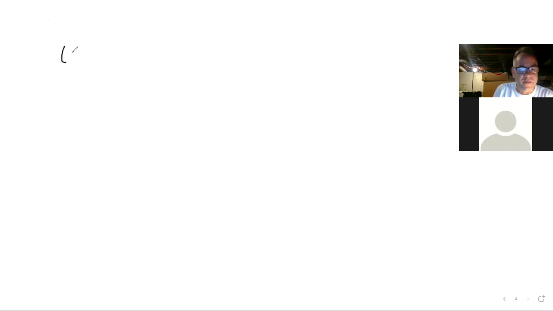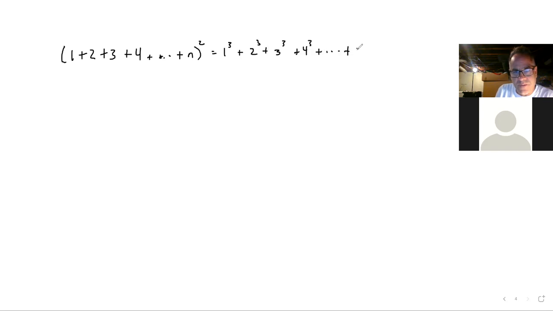If you take adding up consecutive counting numbers, 1 plus 2 plus 3 plus 4 out to n, but take this whole sum and you square it, that is the same thing as 1 cubed plus 2 cubed plus 3 cubed plus 4 cubed, and then out to n cubed. That one just seems crazy, but it is true.